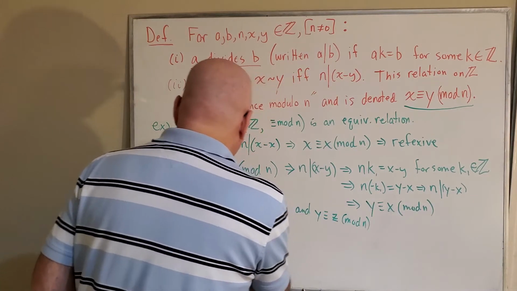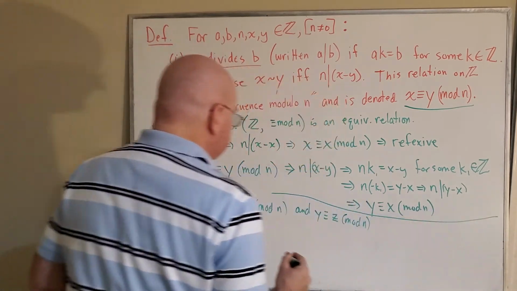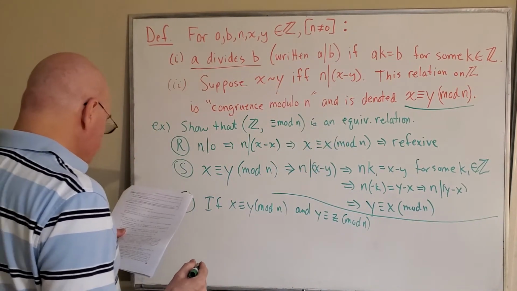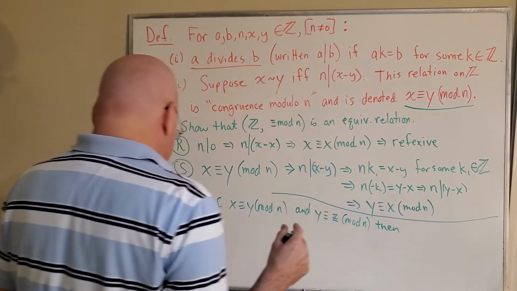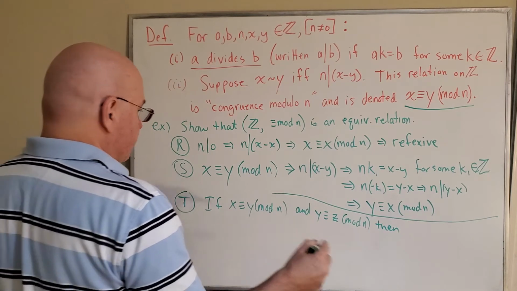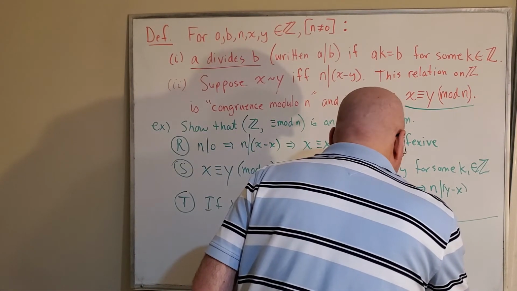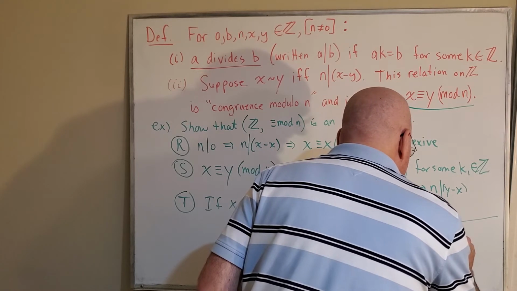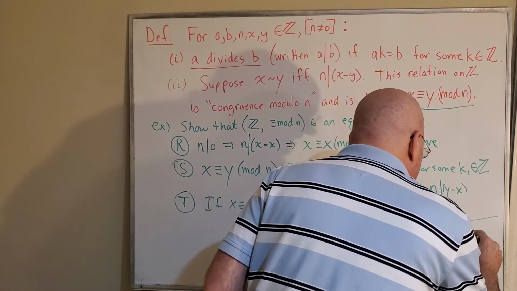I'm having to go down a little bit here. Then that means that by definition, n divides x minus y, and n divides y minus z.